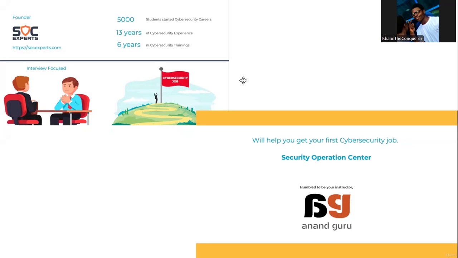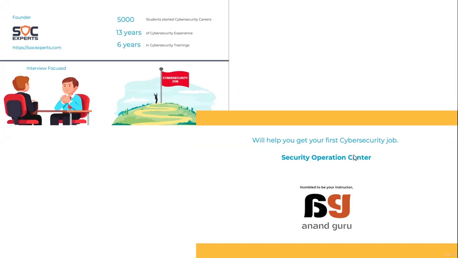A SOC is a security operations center, and a SOC analyst is an analyst that operates in that center. Basically, they analyze and monitor data traffic on a network.